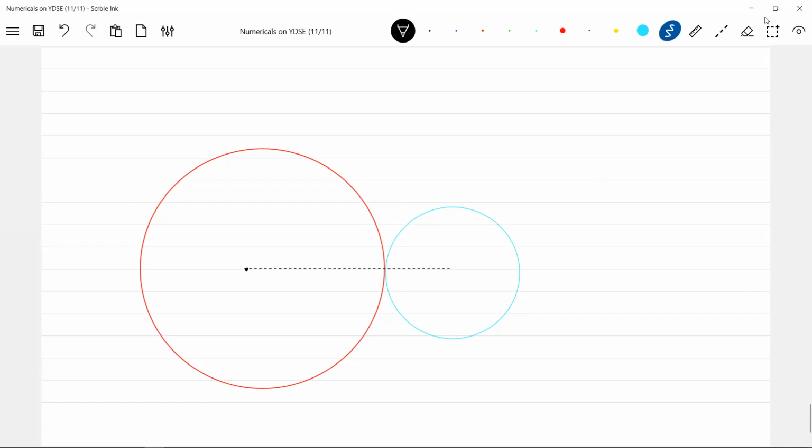I'll keep one source here, another source here. Let this distance be 4 lambda, let this be 2 lambda. S1P is 4 lambda, S2P is 2 lambda, and 5 lambda, I'll write it.